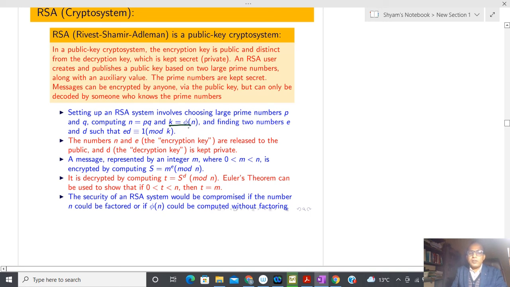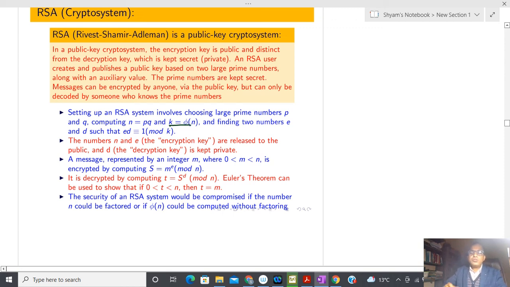After that they take E and D. There are some ways to do that, and if you proceed in this way, it is possible to show that you have a unique private key, and using that you can decode the message.